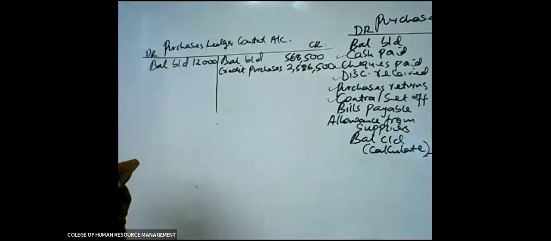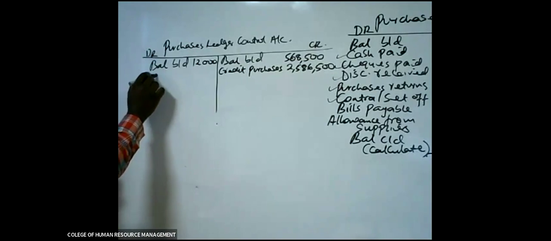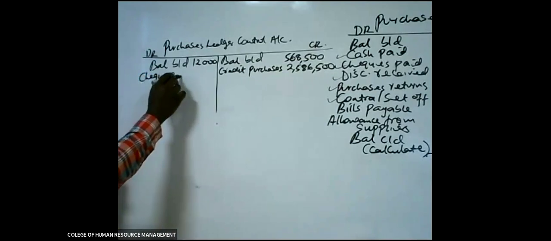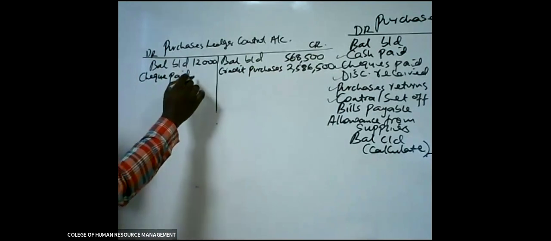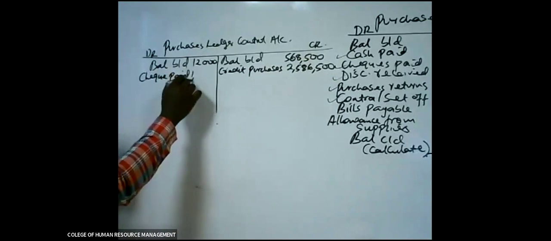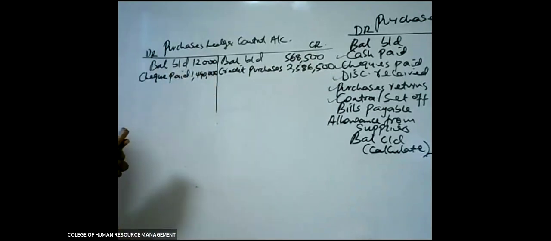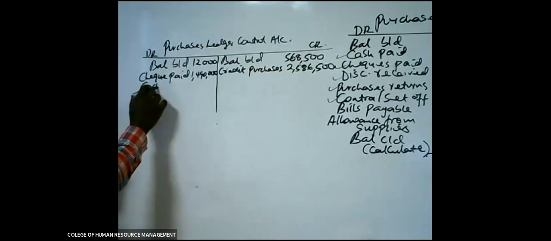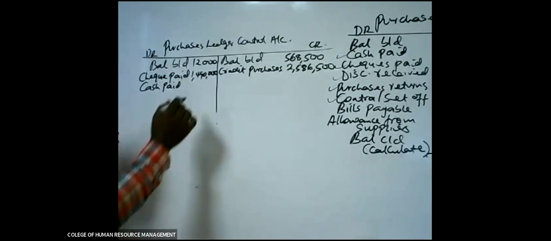Then you debit now the payment by check. Check paid 20,000. 1,490,000. Cash paid 20,000.